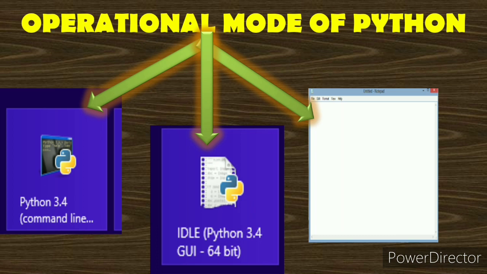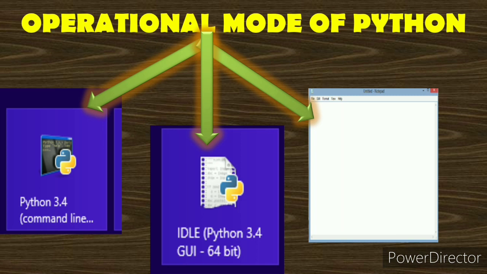Whenever you save the commands with the .py extension in Notepad and in other cases also, they are not saved as text; they are saved as a Python executable file. So there are three basic operational modes. In number one, write the command and get the output.